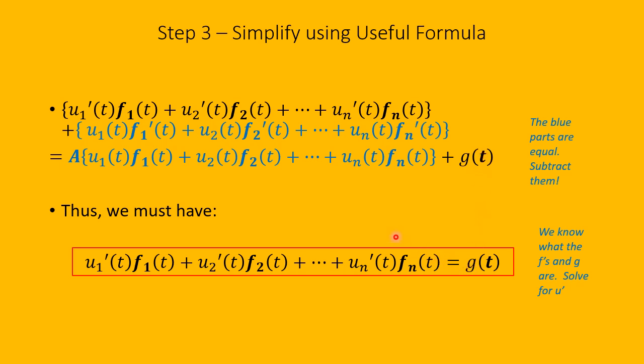So we subtracted equal quantities from both sides of this equation, and when we look at this equation, these vector functions, f sub 1, f sub 2 through f sub n, are known because they have to do with the solution to the homogeneous system, and g of t is known because that's the term that made our new problem a non-homogeneous system. So we know what the f's and the g's are. We want to solve these for the u sub k primes.